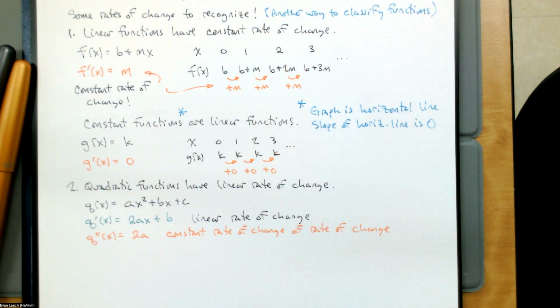So we have a constant rate of change of the rate of change. Double rate of change. Second derivative.